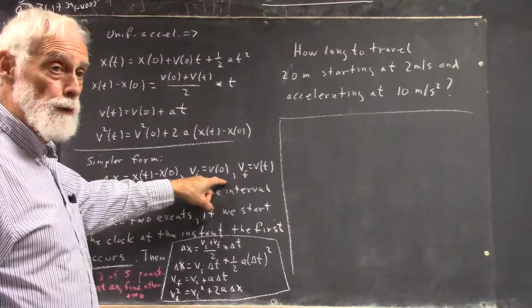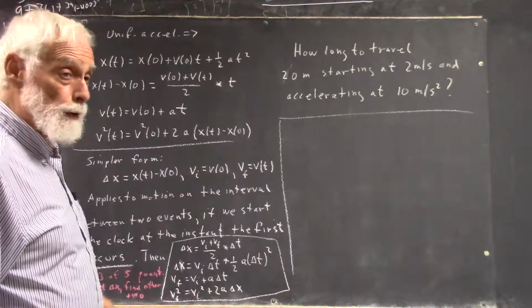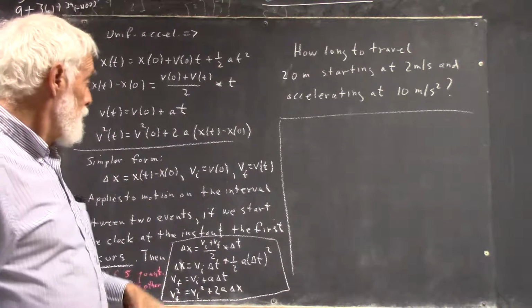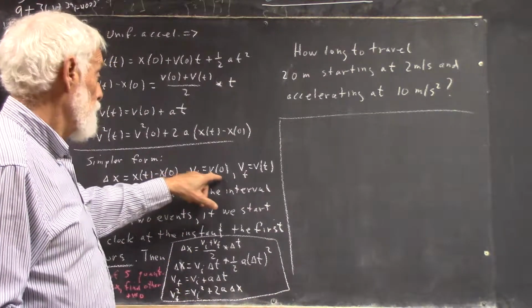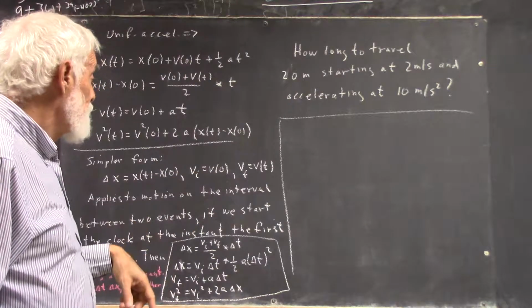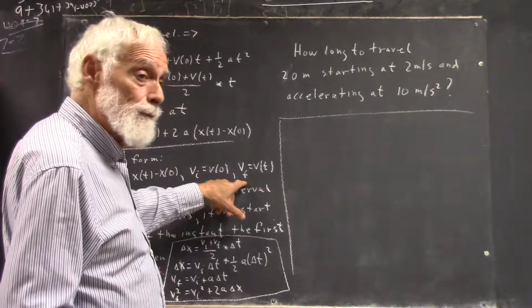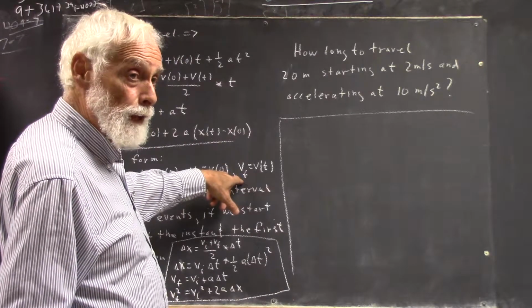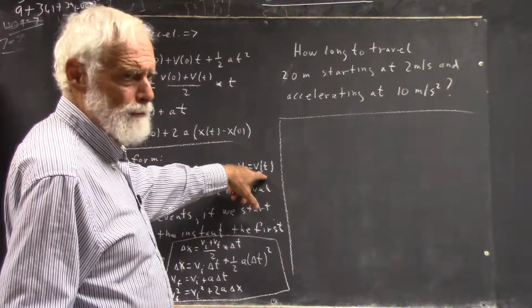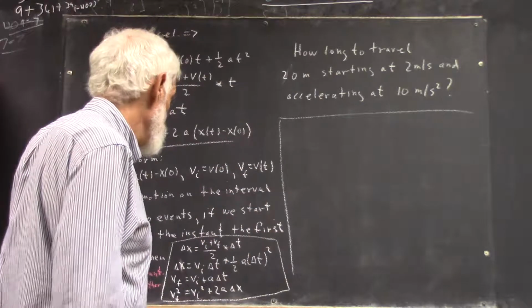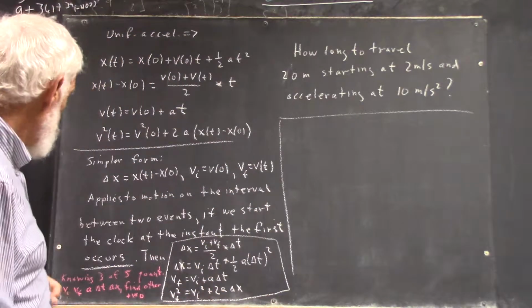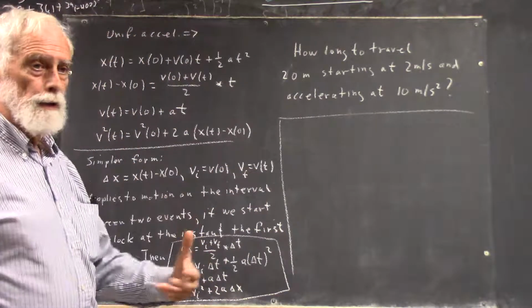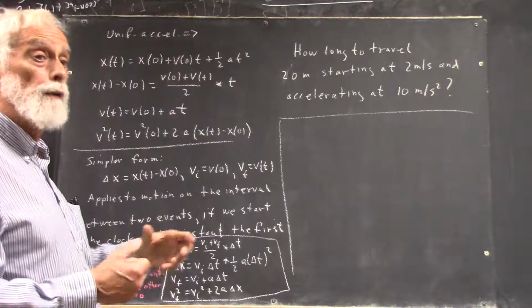Vi is going to equal v of 0, which means that we're going to agree that the clock starts at some initial velocity, okay? And our analysis ends when we reach velocity v sub f, which just replaces our v of t. So really all we're interested in is motion on an interval, the interval between two events.